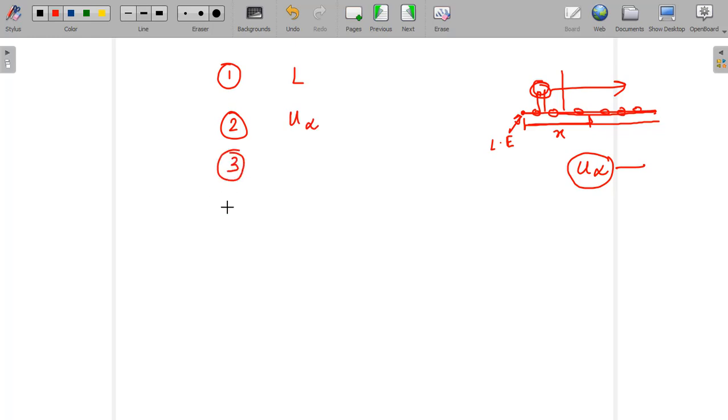Third one, it depends on the different properties, like as you have just seen that heat flux is k into del T del y at y equal to 0.